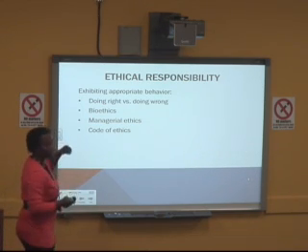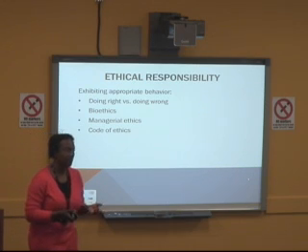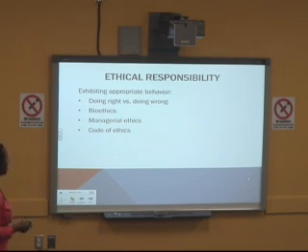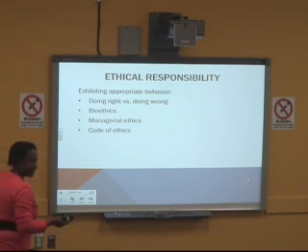Doing right versus doing wrong. Seems simple, right? But when you're put in a situation, it may not always be that simple. So we have to keep in mind what our organization's ethics are, what our values are as an organization, not necessarily what our personal values and ethics may be, because that may conflict with what the organization thinks.